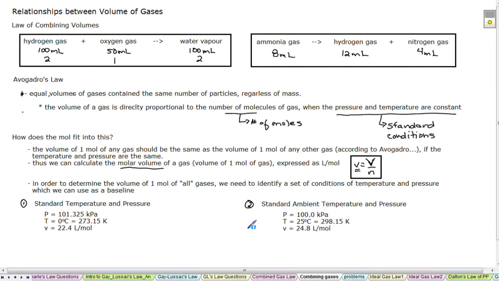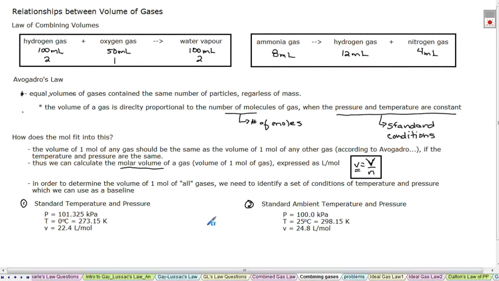So if I have just under 25 liters of a gas, that would be 1 mole of that type of gas. So depending on what standard conditions we're using, if we know the volume of any gas, we can determine the number of moles of that gas.